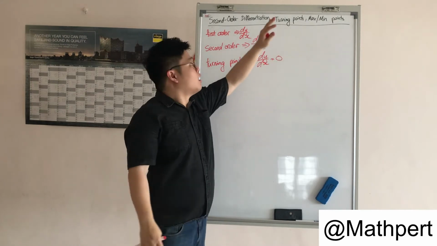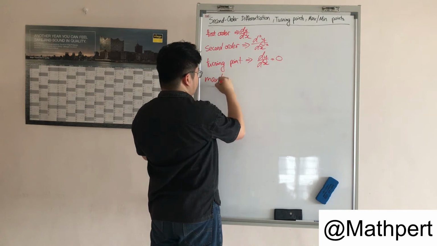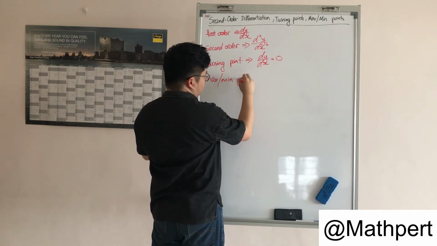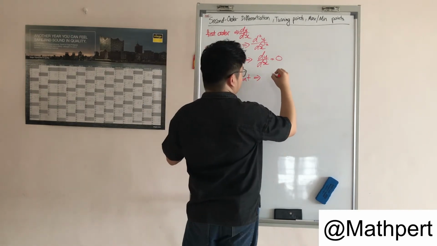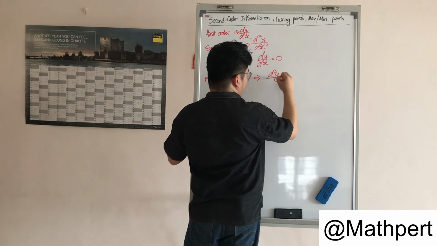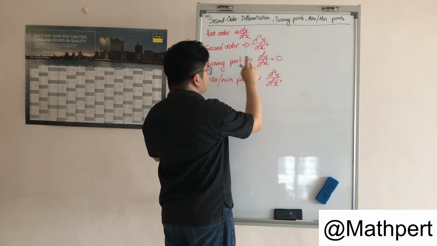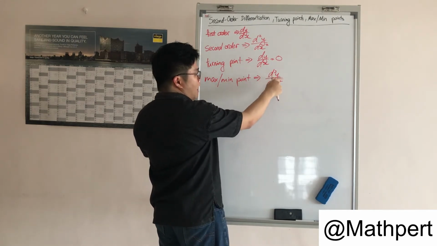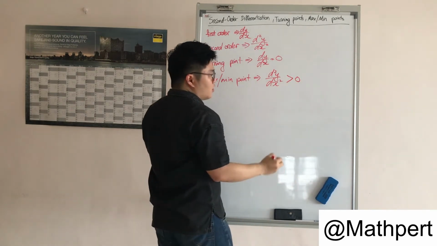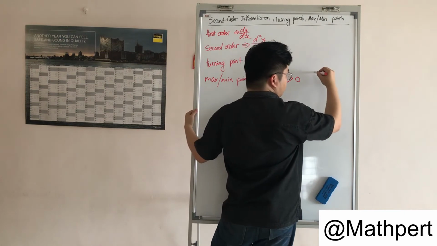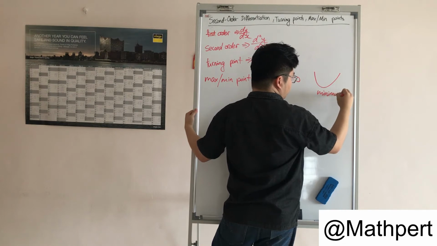So maximum or minimum point is determined by d square y over dx square. When the second order differentiation d square y over dx square is bigger than 0, it is a minimum point.